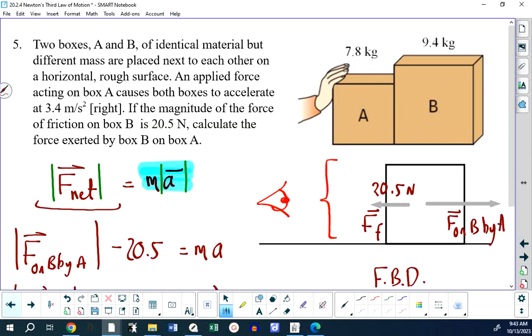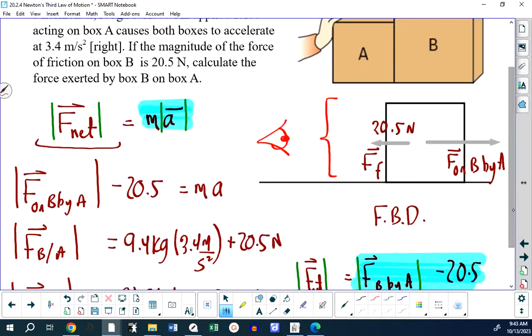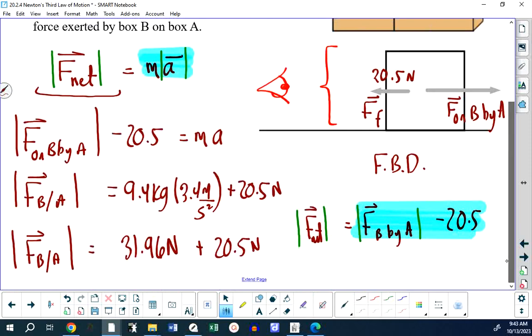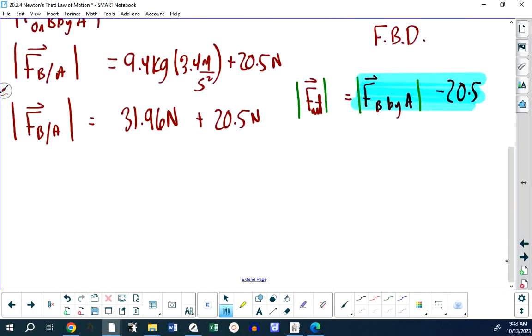And maybe I better be careful because I don't know that we've actually finished the question. Calculate the force exerted by box B on box A. Okay, we have not finished the question. This force that we've found is to the right, and it's the force that A exerts on B. So what is that? 32 plus 20.5 works out to, can I just say 52.5? Is that what it rounds to, newtons?